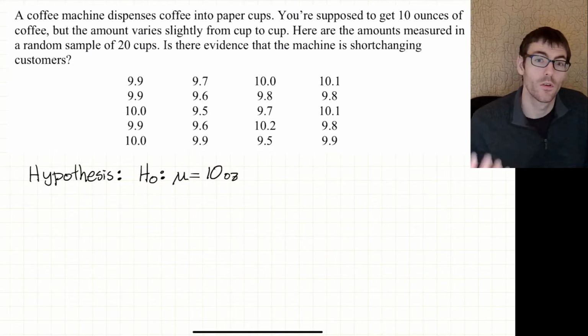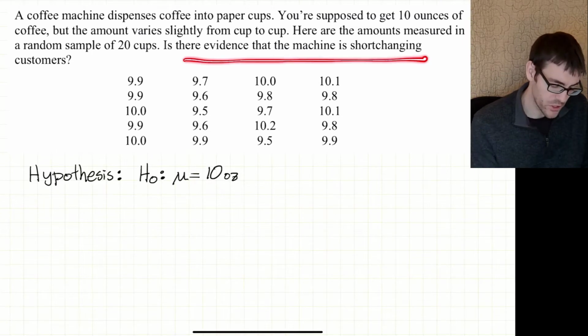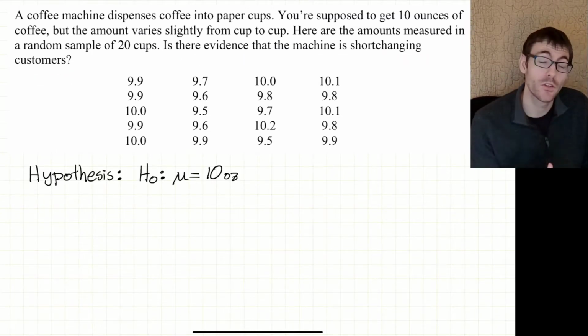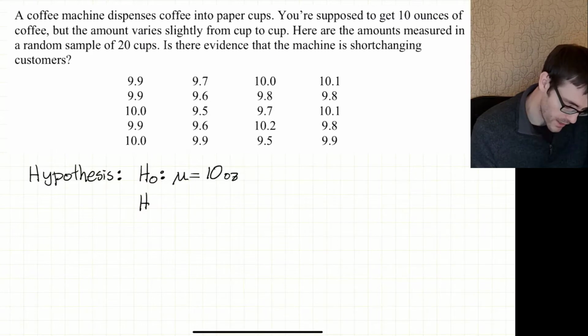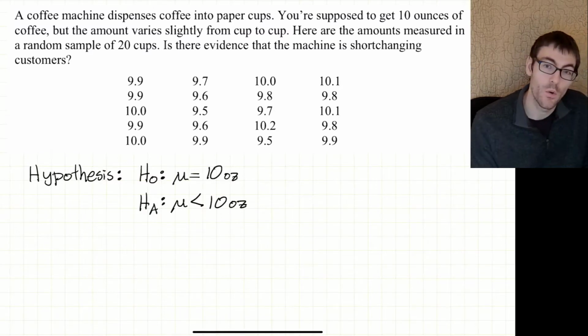The whole reason that we're running this hypothesis test is that we have a suspicion that the machine is shortchanging us. We have a suspicion that the actual population mean is something less than 10. So we're going to say that our alternate hypothesis is that the average coffee dispensed per cup is anything less than 10 ounces. In other words, we are doing a one-sided hypothesis test.